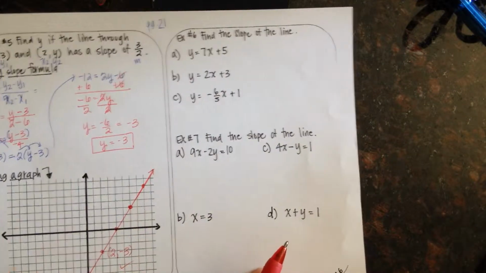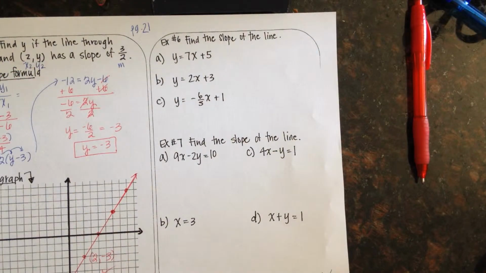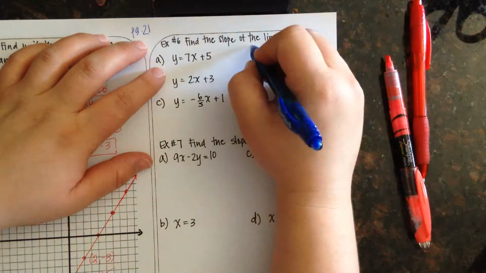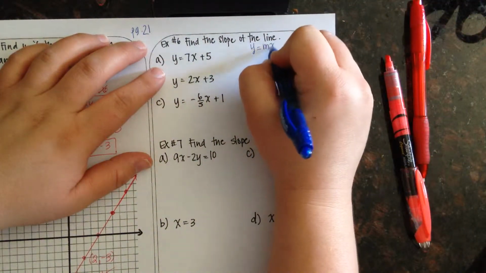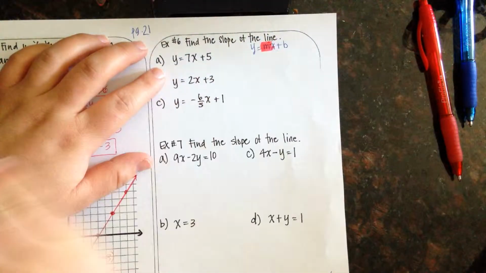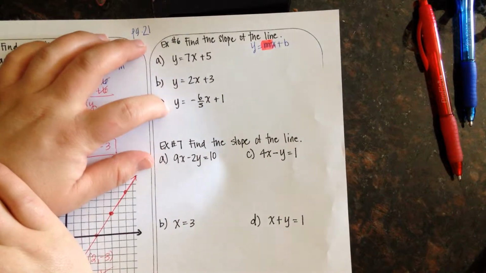Okay, so example 6, super easy because all of these are in slope-intercept form, and if I'm trying to find the slope of the line, if it's in y equals mx plus b, my slope is going to be the value in front of x. Now make sure your y is by itself, in which all of these are.